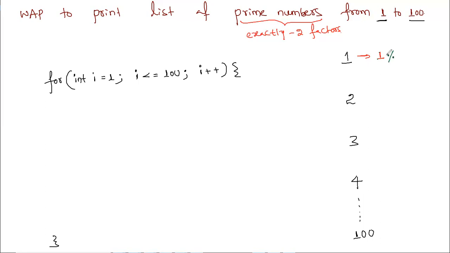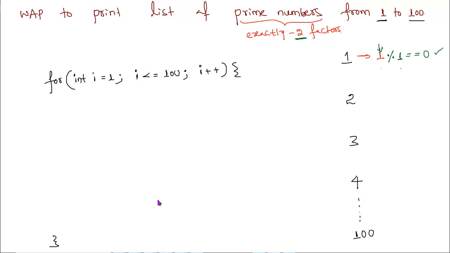For division, I'm using the modulo operator. If we check with 1 and the remainder is 0, can we say it's a prime number? No, we cannot, because we have to count the number of factors. So for 1, we have to verify whether 1 is divisible by 1 or not, and checking 1 with 2 is not required. Numbers more than the number we consider are not required to be checked as factors. So this is the only scenario when it comes to 1.